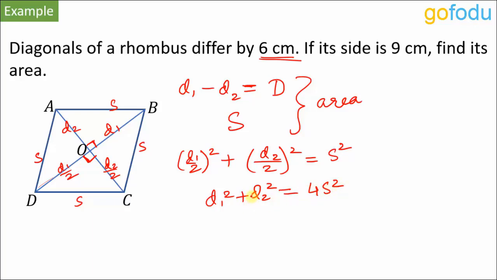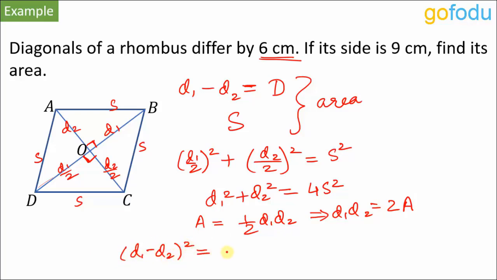Now the area of a rhombus is what? The area of a rhombus is half D1 D2. This is the direct formula. This gives us D1 D2 as 2A. Okay. Now if I expand this bracket (D1 minus D2) whole square, what will I get? This will be D1 square plus D2 square minus 2 D1 D2.